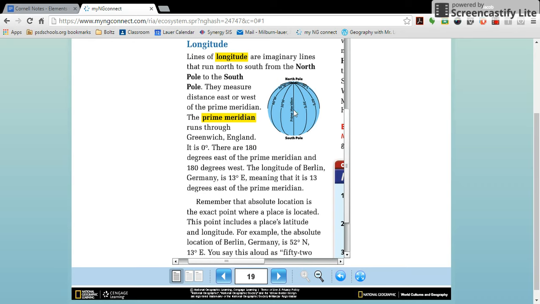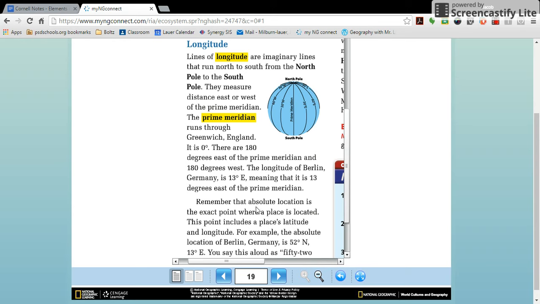So if the prime meridian is here, and this is 30 degrees east, Berlin, Germany would be somewhere right there, almost halfway, right about on this line. We're getting closer to being able to use coordinates, but we're not quite there yet. So it's okay if you're confused by this. We'll move on and we'll come back together and put it all together.